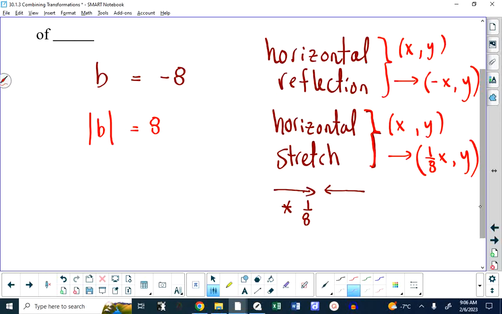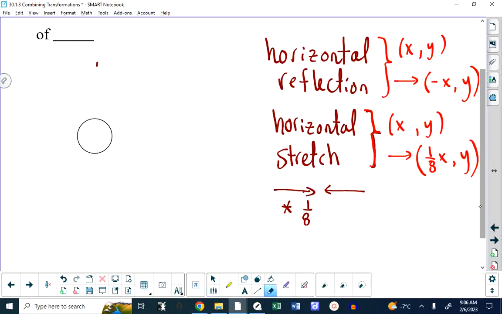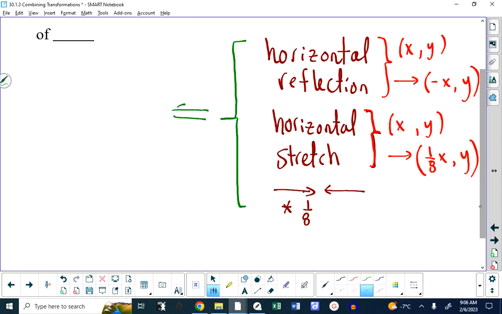But when we put these together, what that means is that x comma y maps to negative 1/8 x comma y.